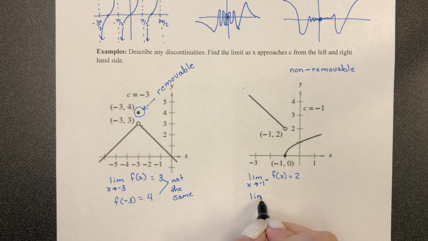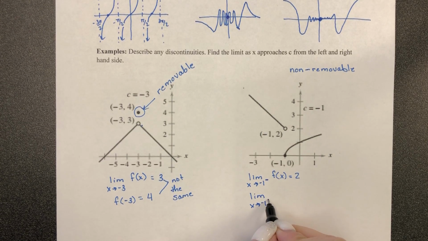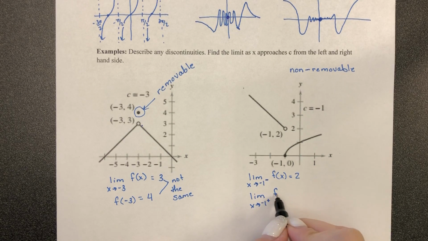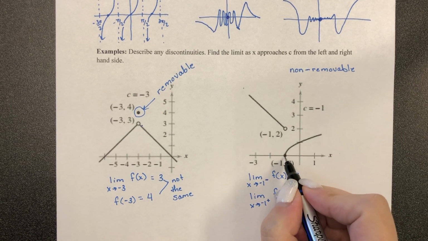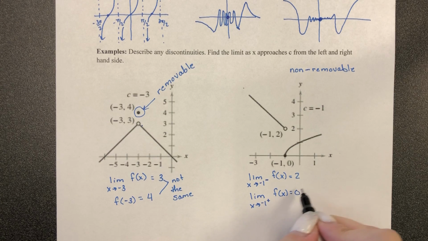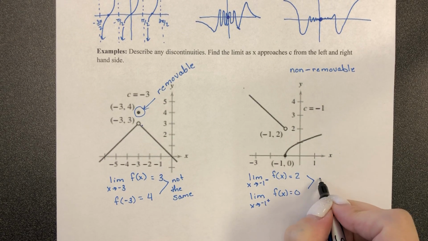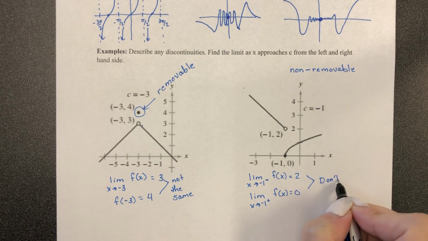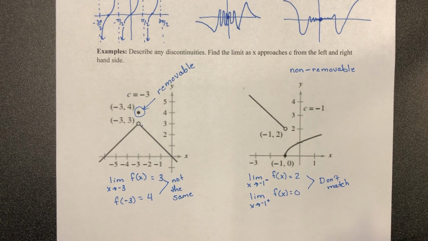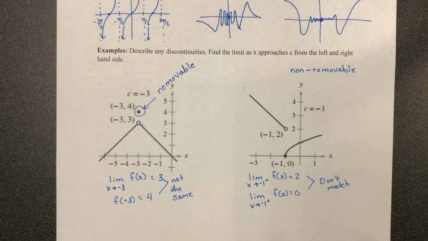As I approach the limit from the right side at negative 1 of the function, I get 0. And these don't match. So that means you actually have a break in your function, so you can't even say it's continuous.